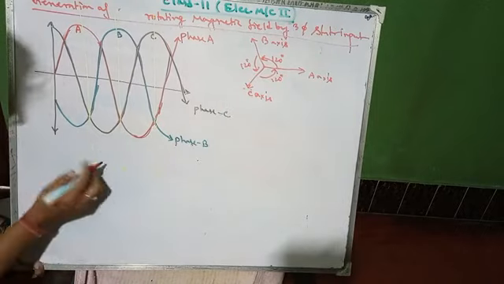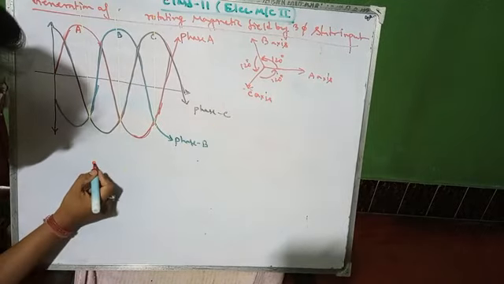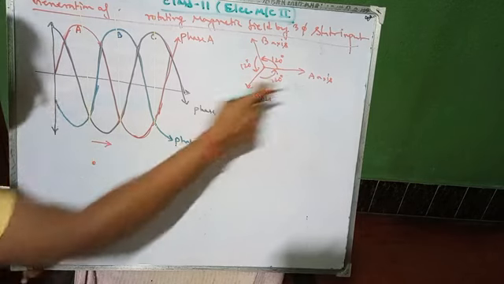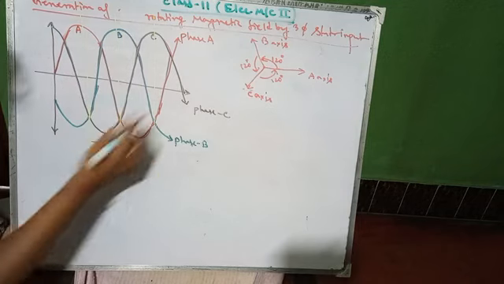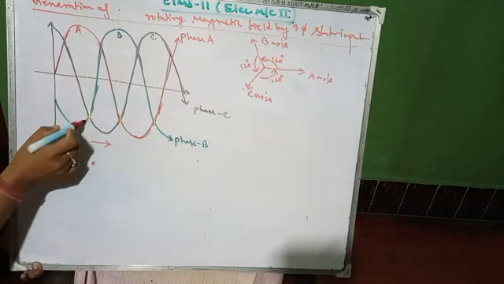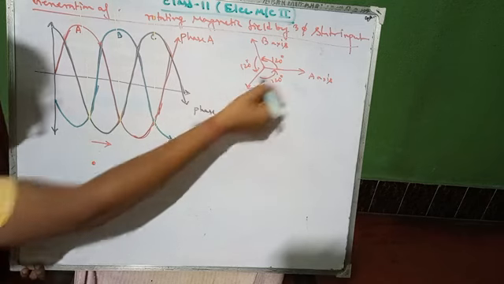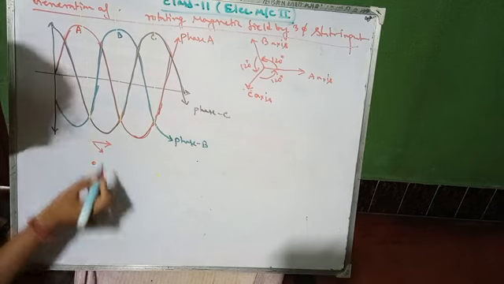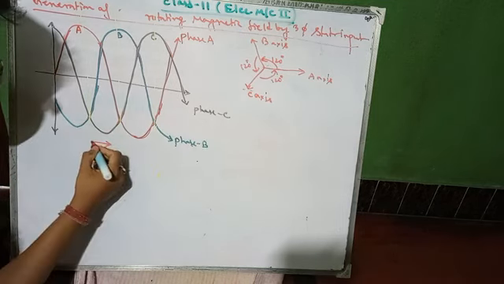At this first instant, A phase is maximum in its own axis, and B phase is negative half, a portion or ratio in the negative direction. So in this direction. And C will also be in this situation.